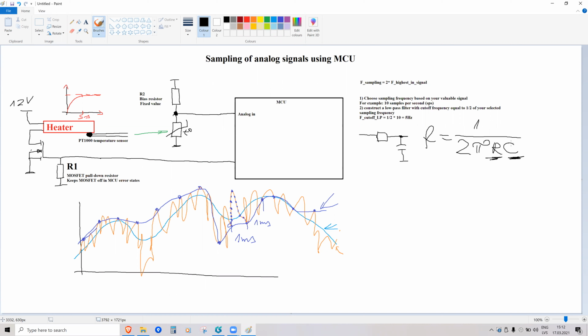But capacitors, the bigger the capacitance, the more expensive it gets, right? So if you select a capacitor which is big, you will just pay more. So usually people will try to select a capacitor which is cheap and so smaller. And then this resistance value will be just increased correspondingly.